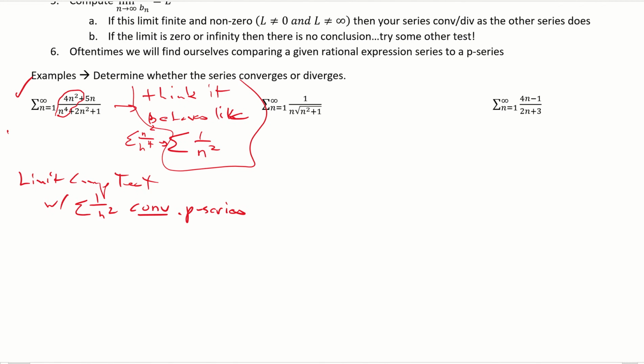So here we go. You haven't done anything yet. You're going to run the actual thing. Take the limit, as n goes to infinity, of one series on top of the other. I don't care which. So it might look like this: 4n squared plus 5n over n to the 4th plus 2n squared plus 1, and below it 1 over n squared.